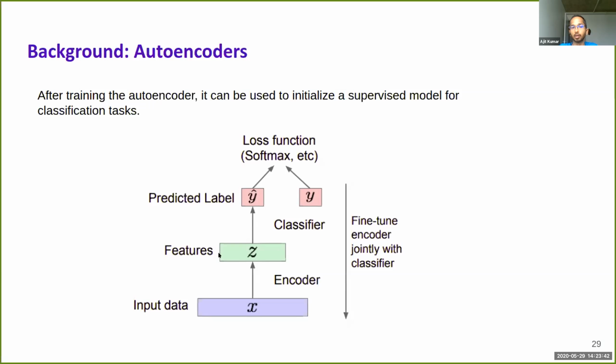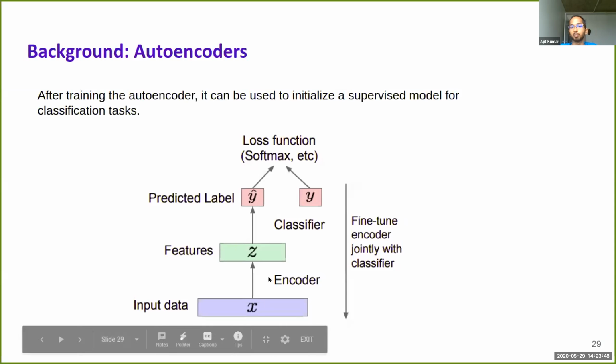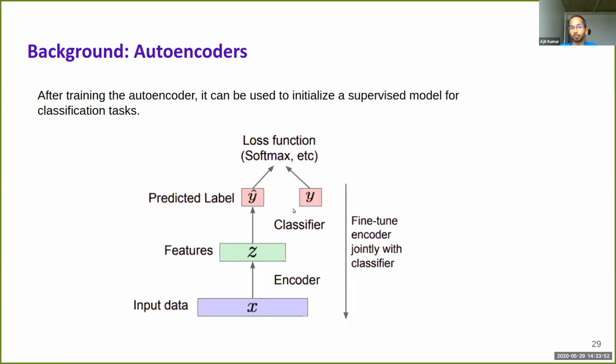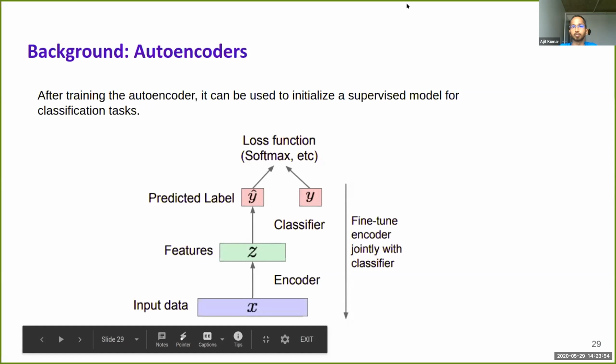So we learned a good representation of the features using only unlabeled data, and then we can use this to initialize our new supervised model with this label, and then we can fine tune to learn the feature representation.